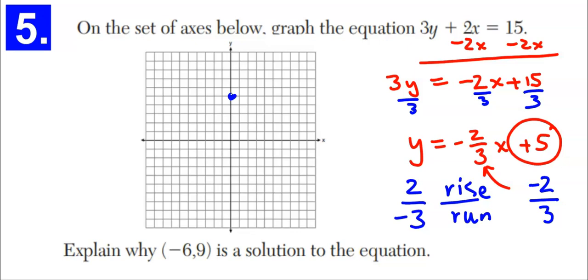If I gave it to the numerator, I would be moving from this initial point at 5, -2 down, +3 right. And that would draw this lower piece of my line. But if I gave the negative to the 3, then I would be traveling up 2 and left 3.